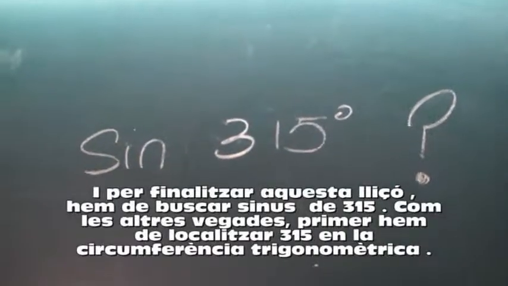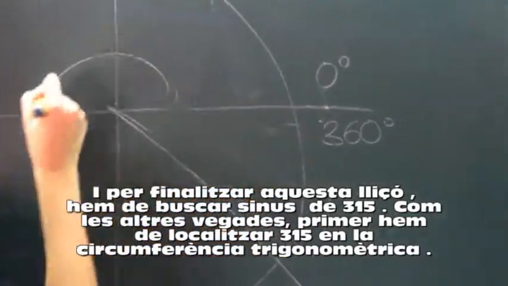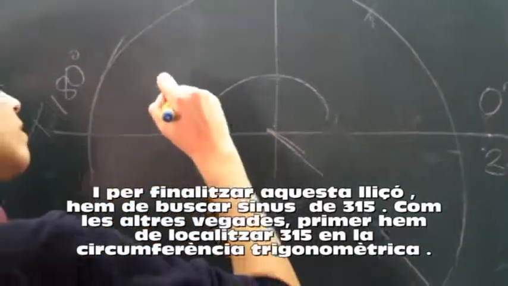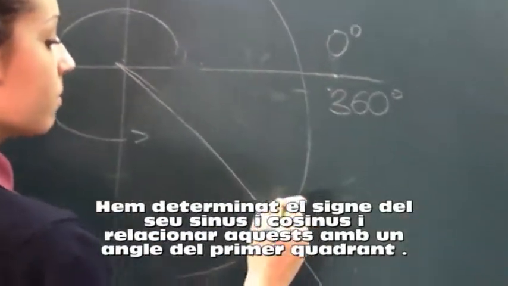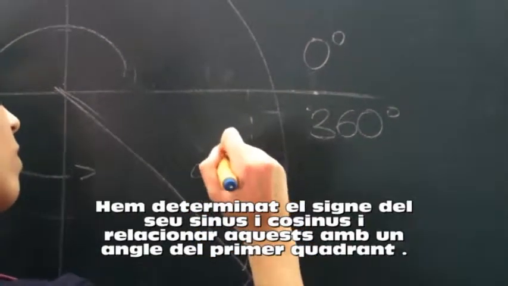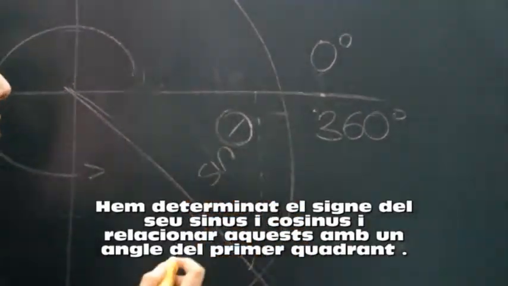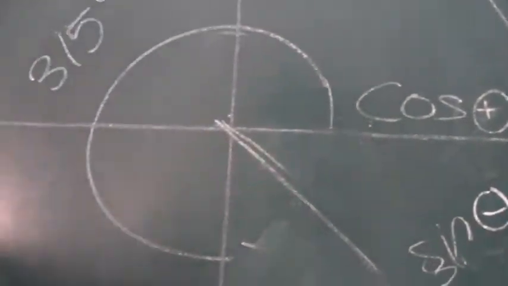And to finalize this exercise, we have to find the sine of 315. Like the other times, first we have to locate 315 in the trigonometric circumference. We determine the sign of sine and cosine, and relate this with one angle from the first quadrant.